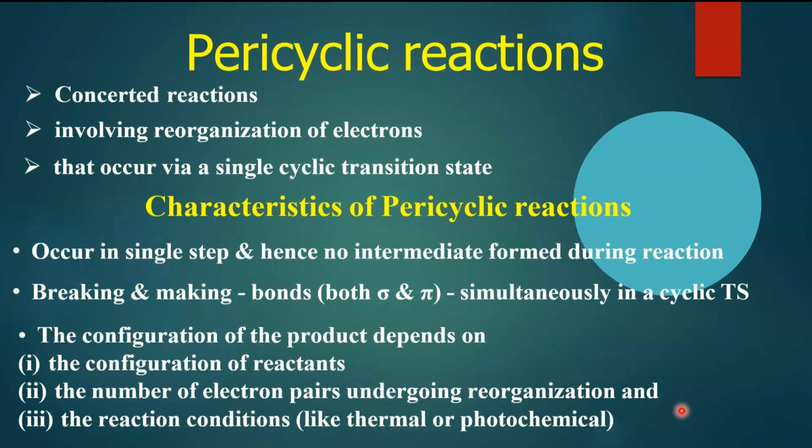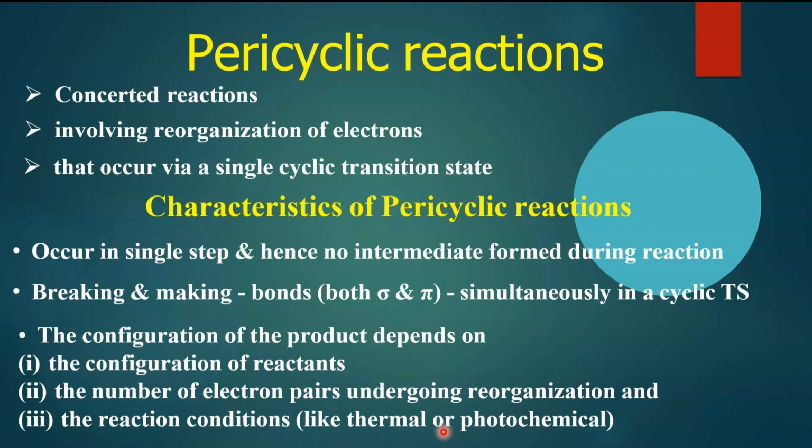These are the reactions which can be induced either thermally or photochemically. The reagents which we use do not affect the reaction. These are the three parameters which affect this reaction.